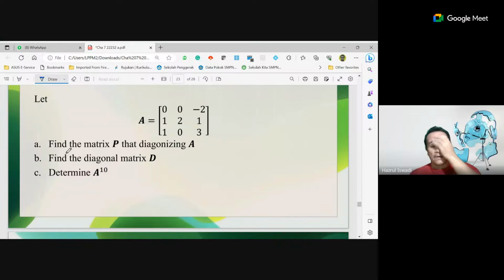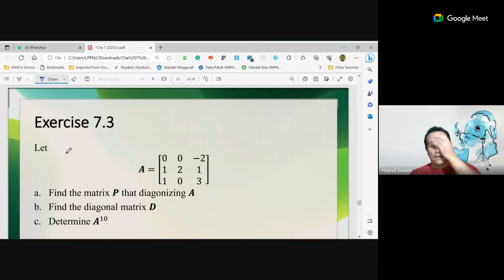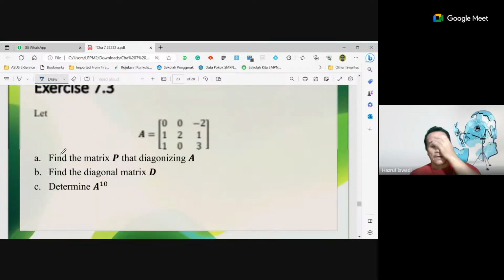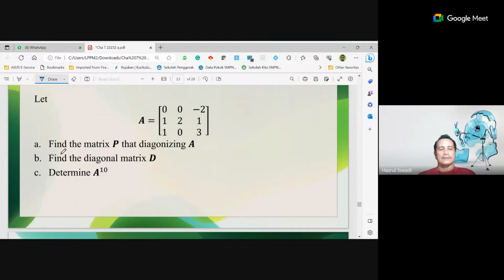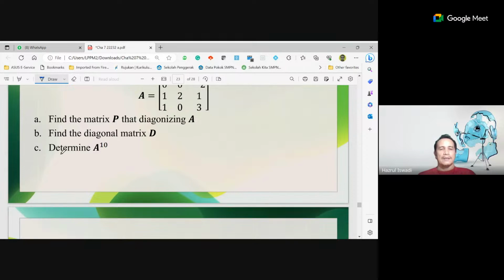Okay, let's do the last exercise: find the diagonalization condition for A, and after we make sure the matrix A can be diagonalized, we find the diagonal matrix D, and then determine A to the power of 10.